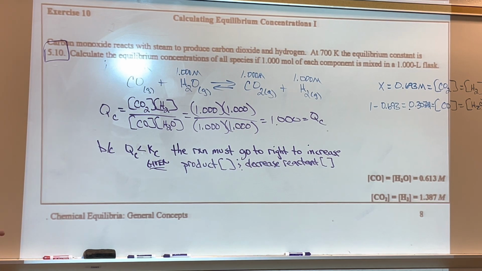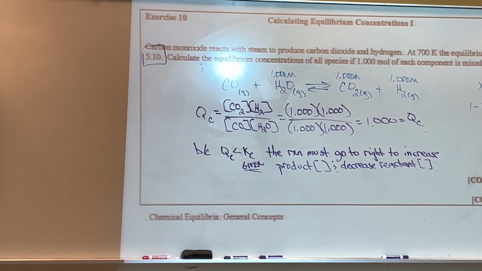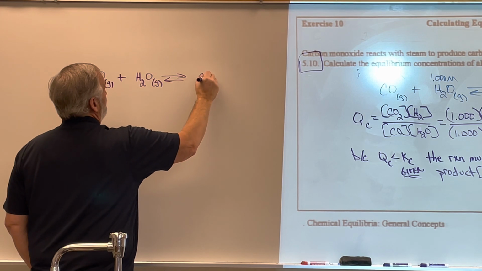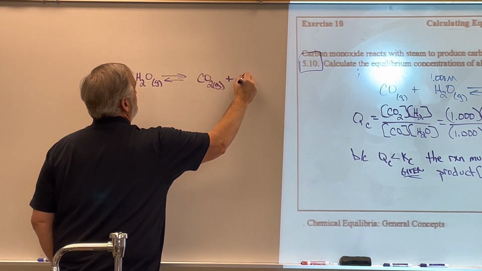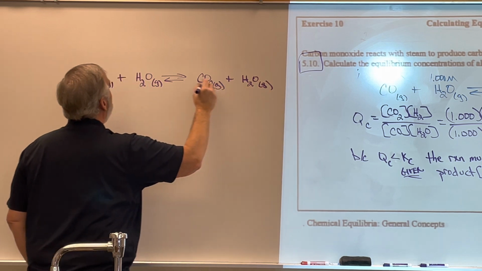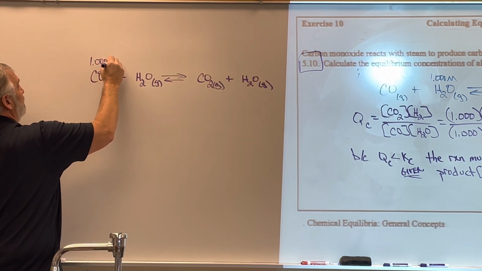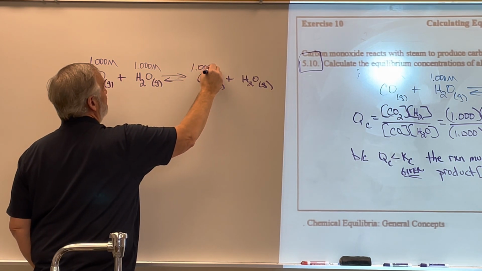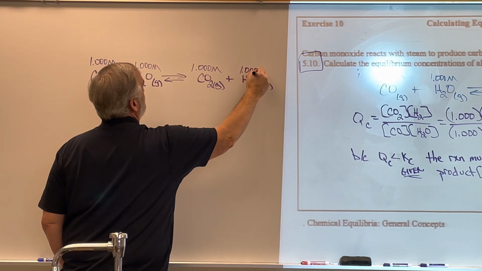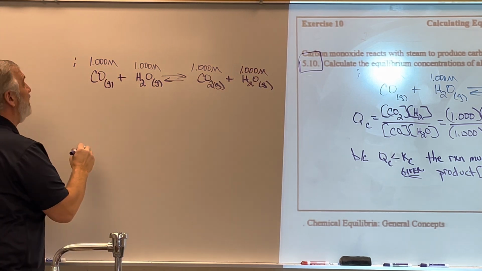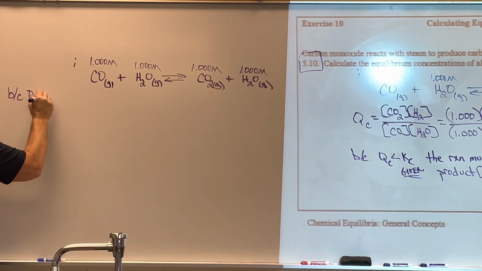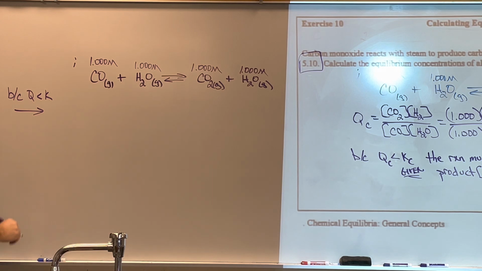So now in my ICE table, and if you guys are going to keep doing this, I'm going to rewrite my equation. So now I'm given 1 molar. It says you put 1 molar of everything in there. That's my initial. But because Q is less than K, the reaction moves to the right.